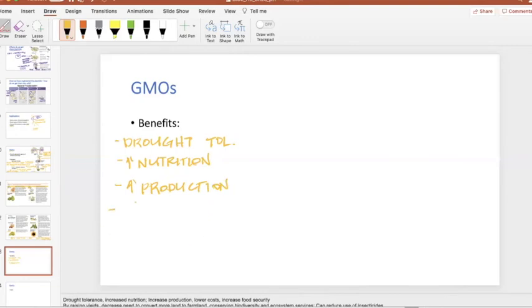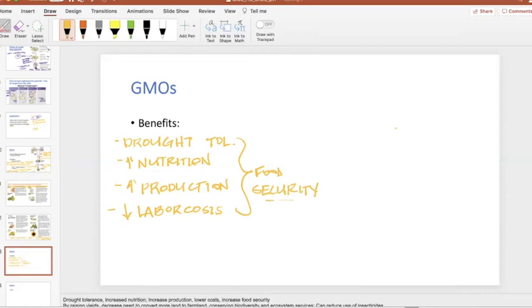And we also lower production costs. We lower labor costs. So ultimately, all of this is a good thing because it contributes to something called food security, whereby we can grow more food than we could without the benefit of these genetic modifications.